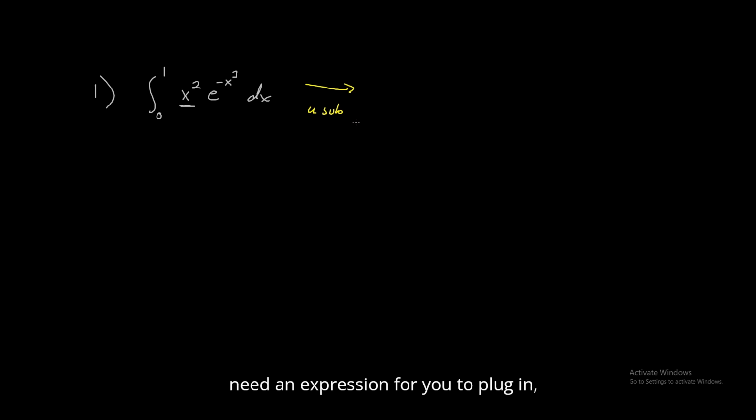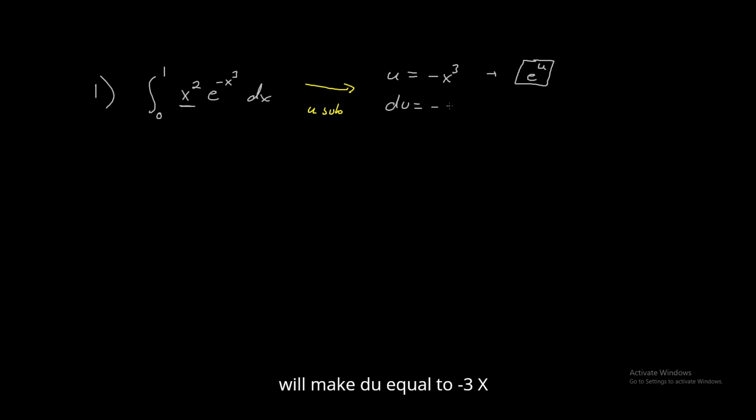You need an expression for u to plug in, and you need an expression for du that you can plug in. So instead of u equal to x squared, let's pick u equal to negative x cubed. That way when we plug it in, we'll end up with e to the u, which is a really easy expression to integrate. And that'll make du equal to negative 3x squared dx.